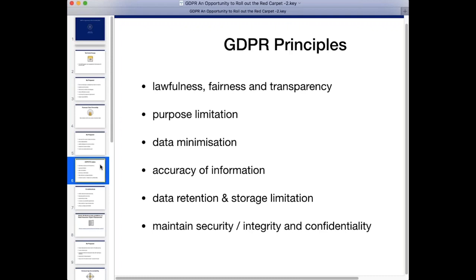So thirdly, personal information must be adequate, relevant and limited to what is necessary relating to the original processing purpose it was collected for. We must make sure that we only collect as much data as is absolutely required for a particular purpose. A lot of data is currently collected by marketers on the basis of we might need it later. The golden rule here is if you can't prove why you need it, do not collect it and definitely don't store it.